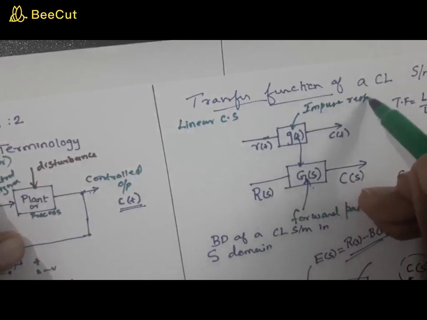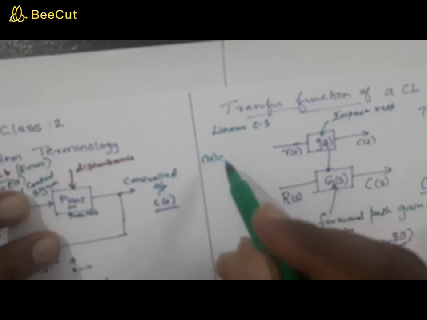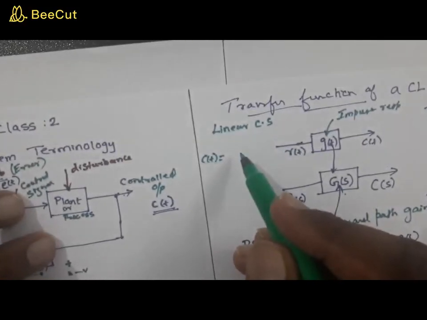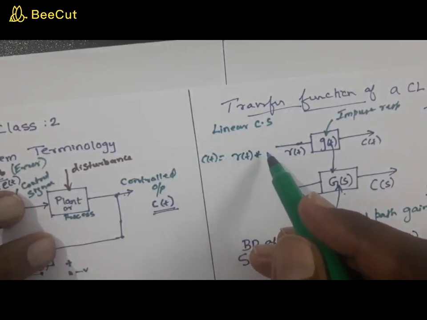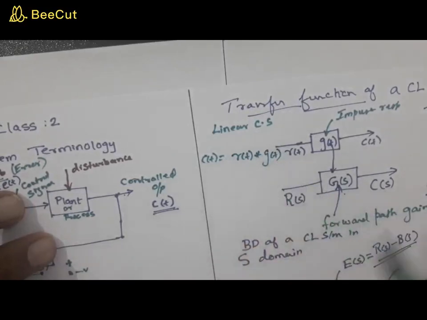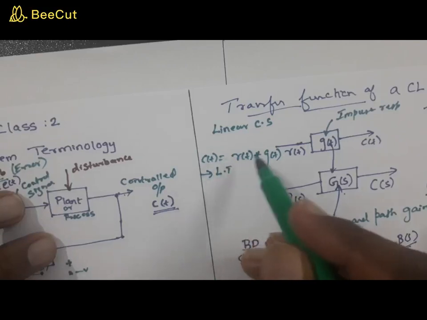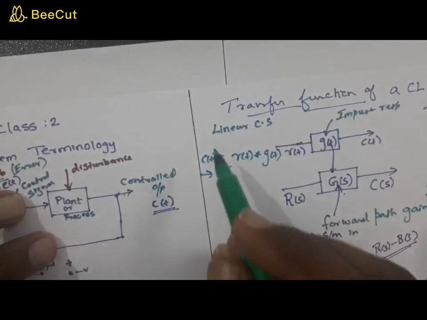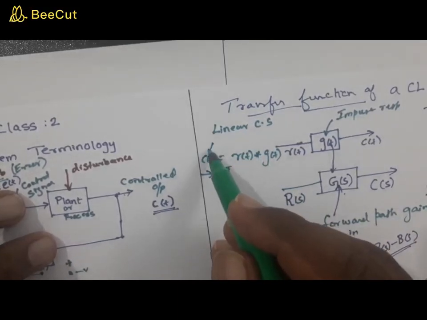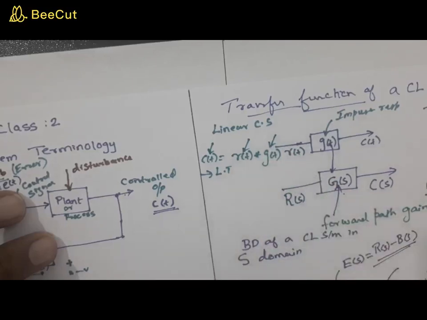Now, if this is the impulse response, what is the expression for C of t for a linear system? You have studied this as R of t convolution G of t, right? Now, when you apply the Laplace transform, what property will you apply here? You can apply the convolution property if you know the Laplace transform of C of t, of R of t, and of G of t.